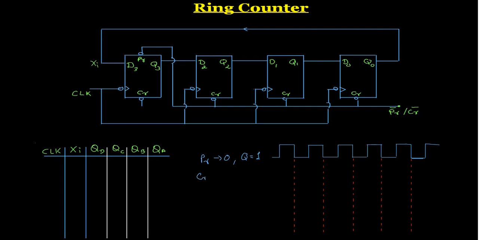And whenever the clear input is 0, then the output of the flip-flop is going to be reset. It means the Q will be 0. And for the normal operation, we have to apply a preset high and a clear high. So that is the normal operation of a flip-flop.